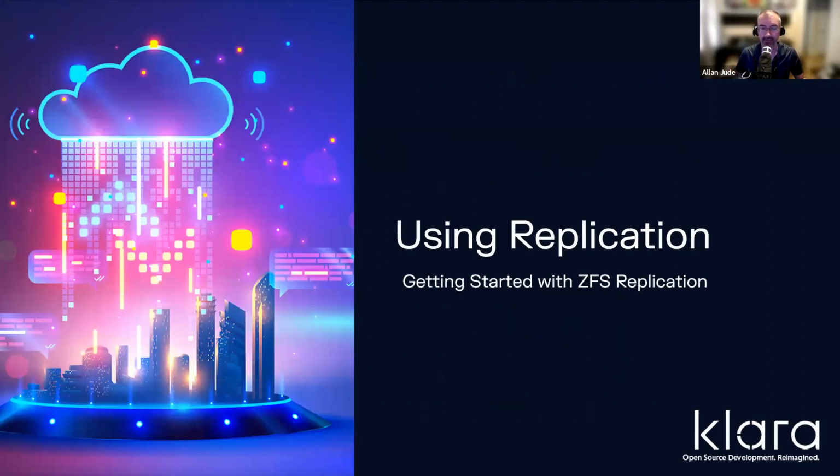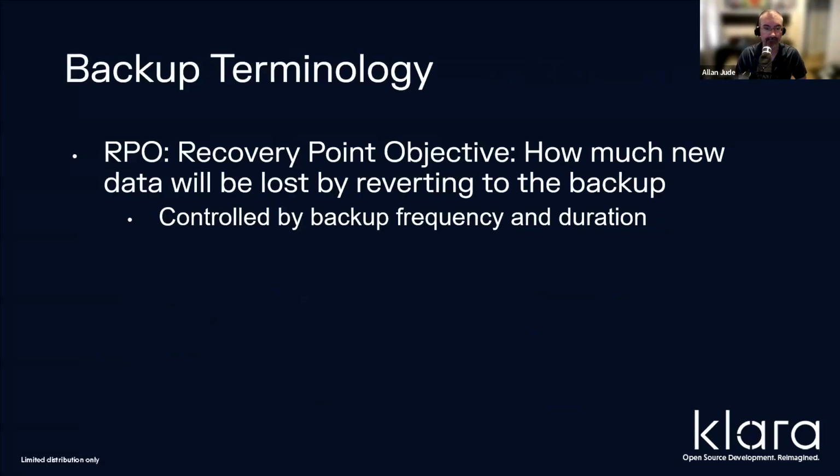As we start to talk about actually using replication, we want to start by defining some terminology we'll be using throughout the presentation. Recovery point objective, RPO, is a term that any system administrator should be very familiar with, and unfortunately very few are.